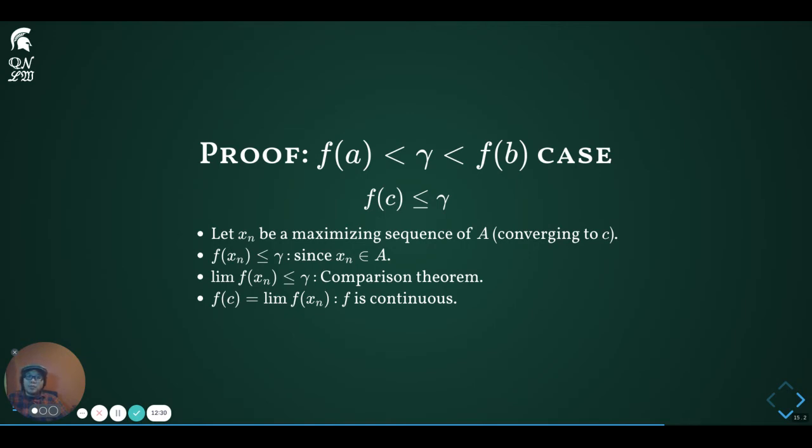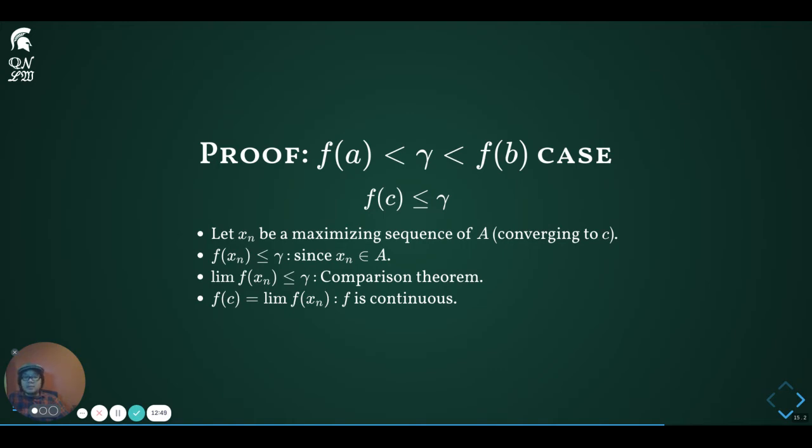This means that the limit of the sequence f of x_n is also no more than gamma from the comparison theorem. But since f is continuous, we know that f of C is equal to the limit of f of x_n. So f of C is also no more than gamma.